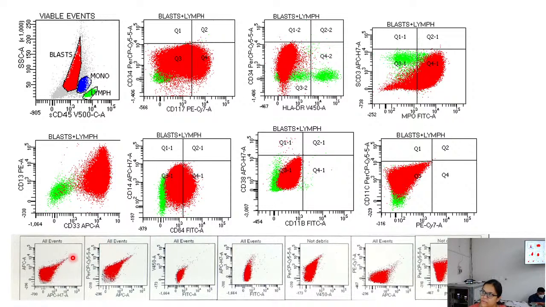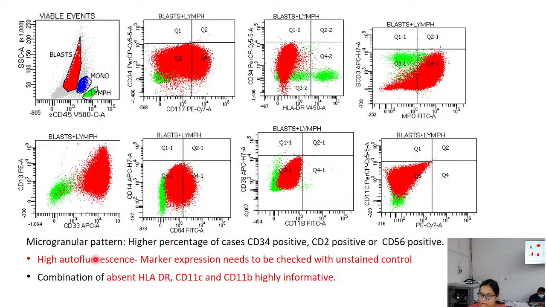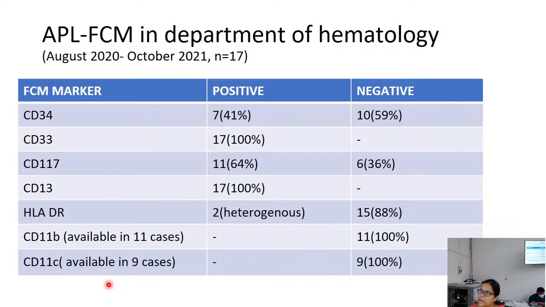Always the positivity should be interpreted on the basis of the unstained controls. Microgranular pattern shows a higher percentage of cases which are CD34 positive, CD2 positive or CD56 positive. The combination of absent HLA-DR, CD11c and CD11b is highly informative, with almost 100% sensitivity for APL.